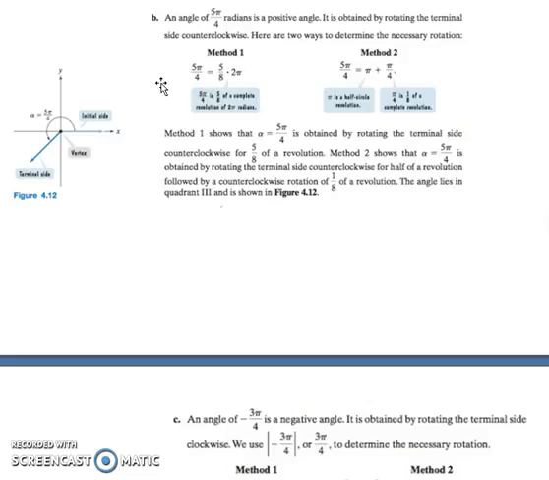So 5 pi over 4 in degrees would be 215, I believe. So 215 is down here. This is 180, remember. Straight line is 180. And it's over 4, so it's automatically one of the 45 degree angles.